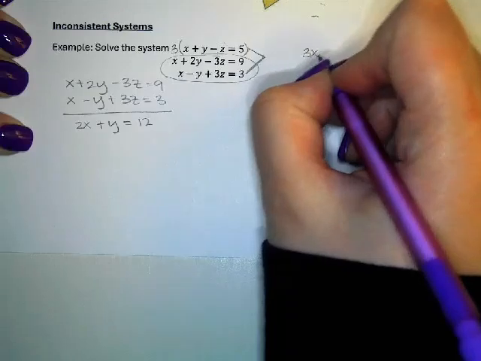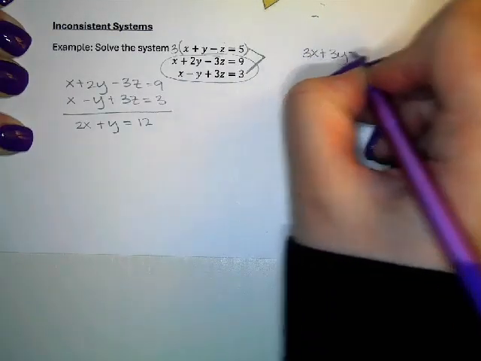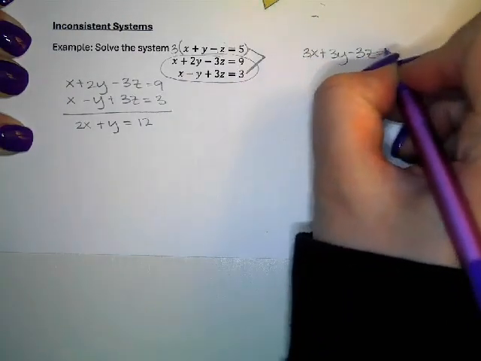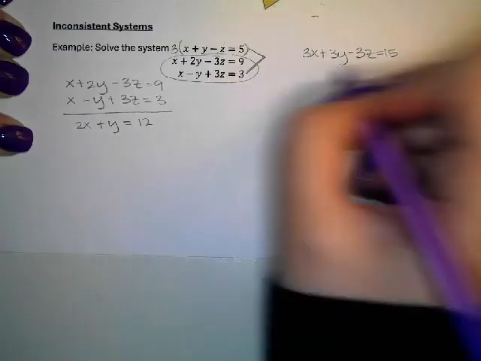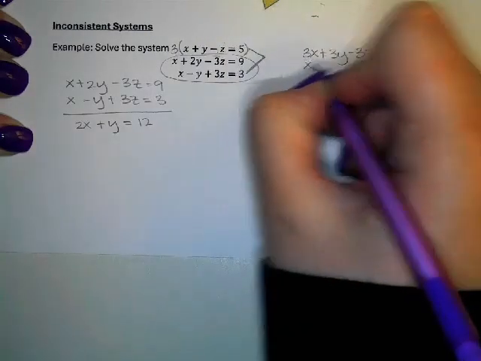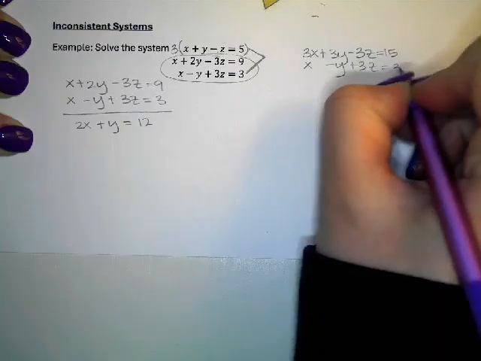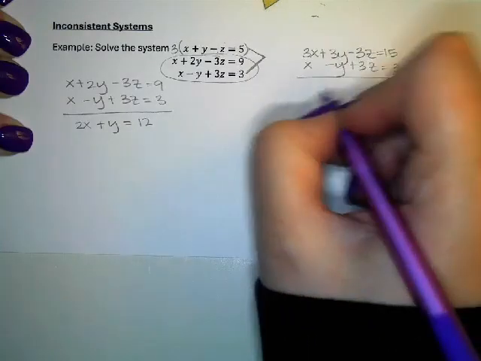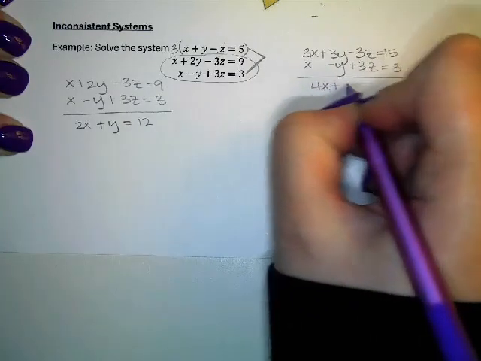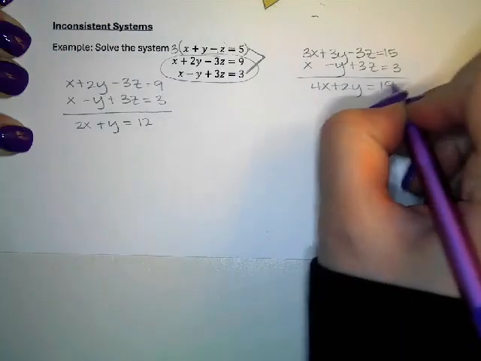And then this equation down here, x minus y plus 3z equals 3. That gives 4x plus 2y equals 18. So I'll bring my two equations together, two equations and two variables.